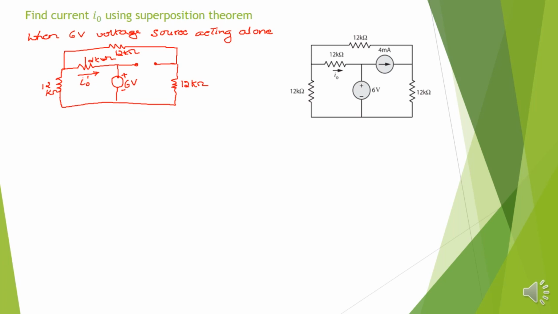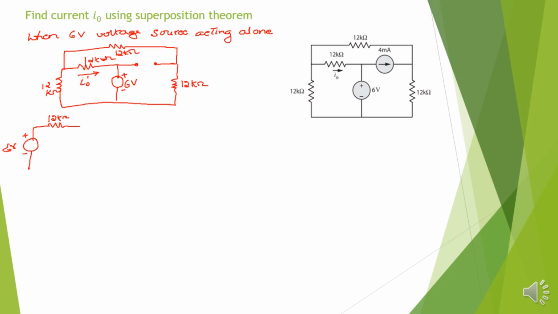Now this is connected, this 12 volt, 12 kilo ohm and this one, right? So this is the open circuit. So this comes as this 12 ohm. So if I rewrite this, 6 volt, plus minus, from this one goes to 12 kilo ohm. So from this point there are two paths.